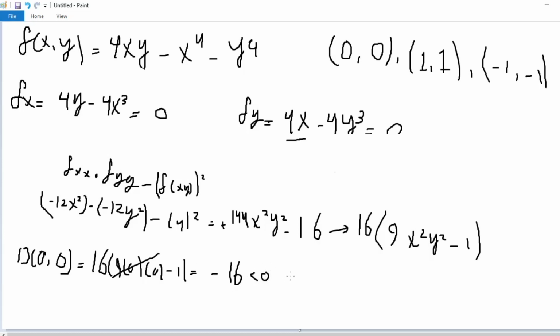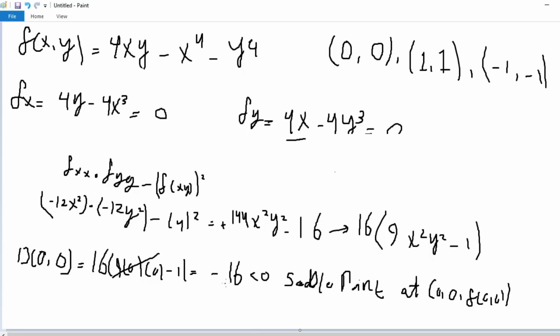Because the discriminant is less than 0, there is a saddle point at (0, 0), and then we need to find the value of f(0, 0).